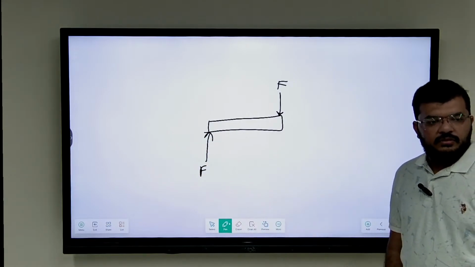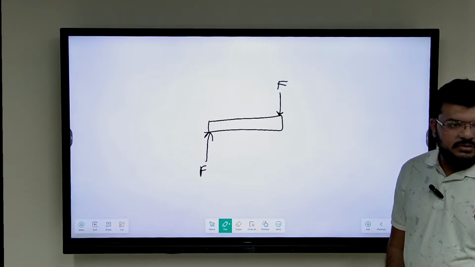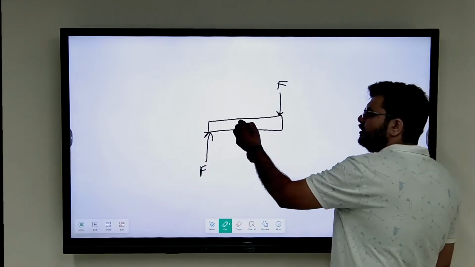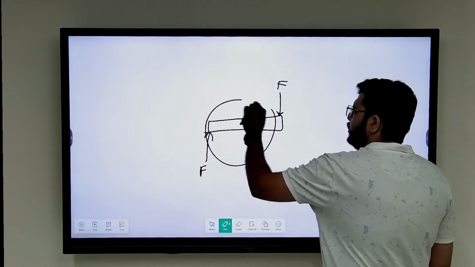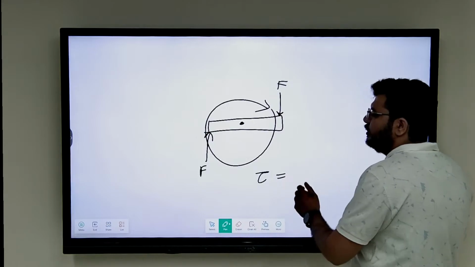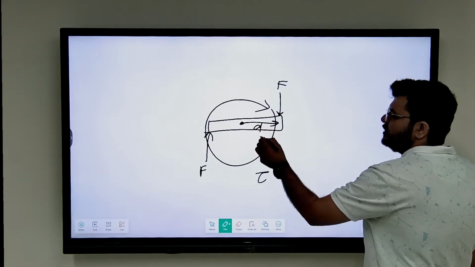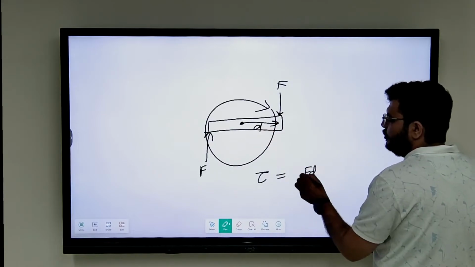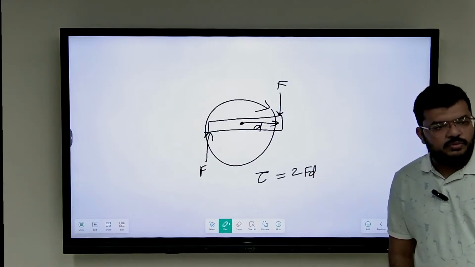Now the total force is 0, but if there is a pivot here, this will rotate like this. What will be the torque on it? Let's say this is distance d, the torque will be F into d multiplied by 2. That's it.